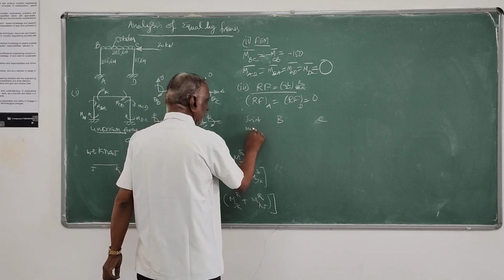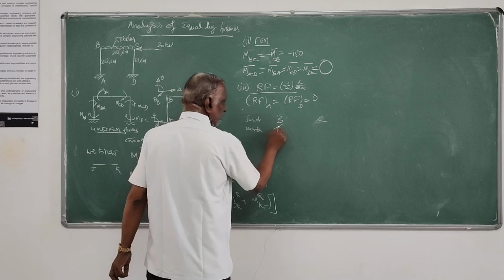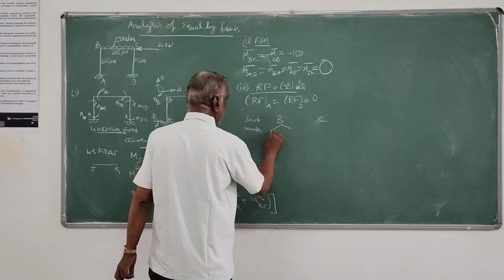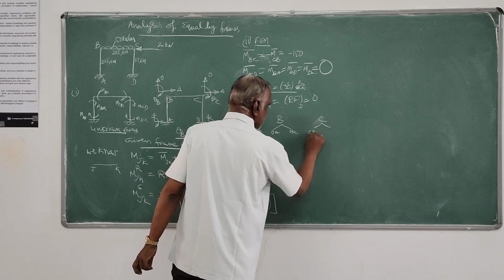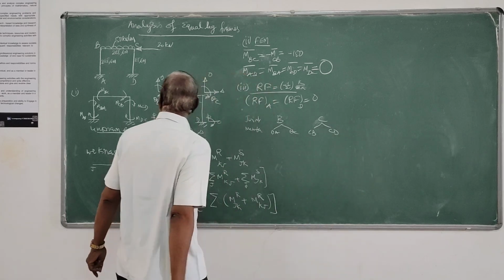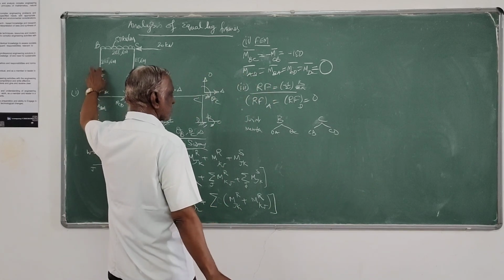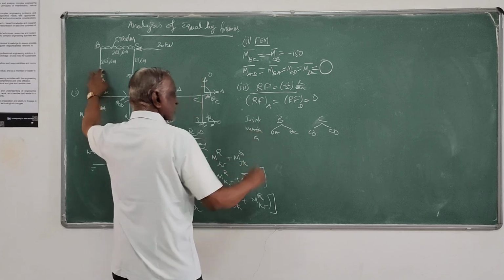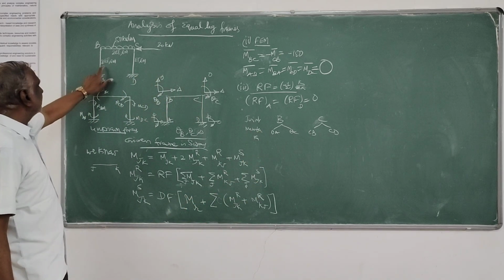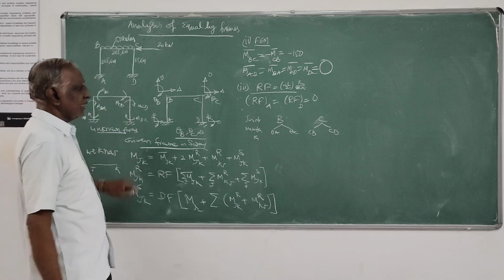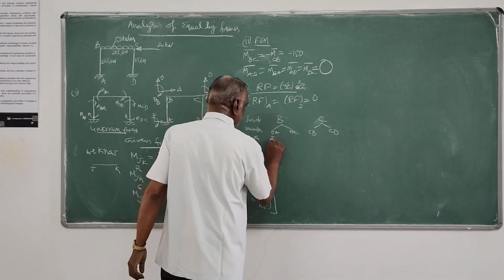So you write all the members at each of those joints. At B we have BA, BC, at C we have CB and CD. For BA, I is 2I, and then find the relative stiffness K, which is I by L, 2I by 6, it is I by 3.